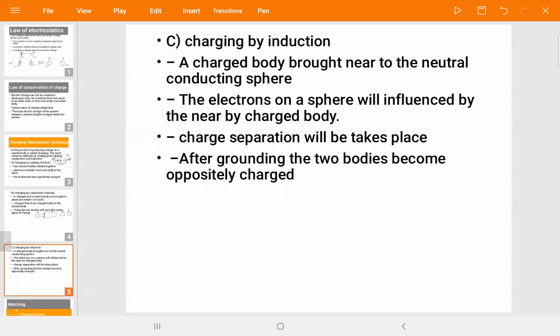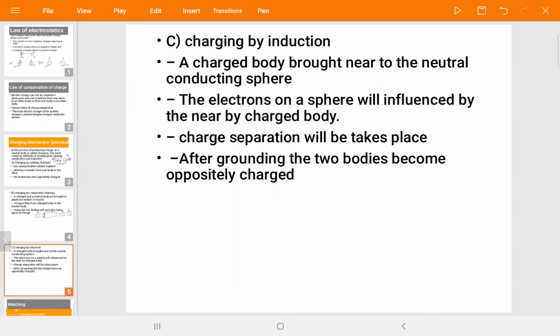And the third method or mechanism is charging by induction. This charging by induction also happens first. There should be a charged body, an electrically charged body. It can be an electroscope or it can be any charged body, but it should be a charged body. And this charged body can be brought near to the neutral conductor.